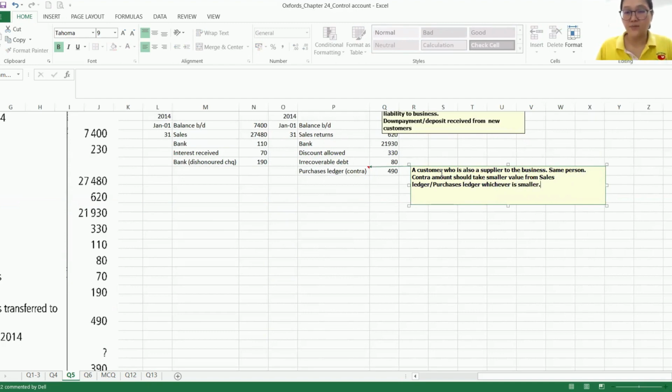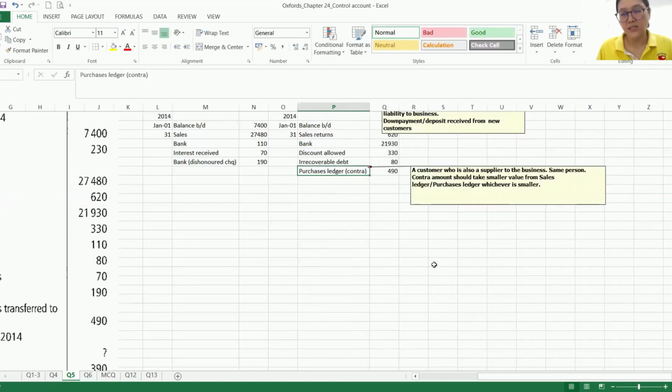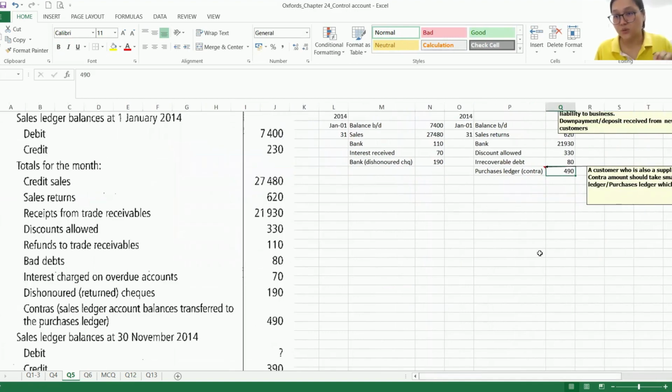So take note that if you have a customer and also a supplier owing different outstanding amounts, take the smaller to put into the contra for both sides.